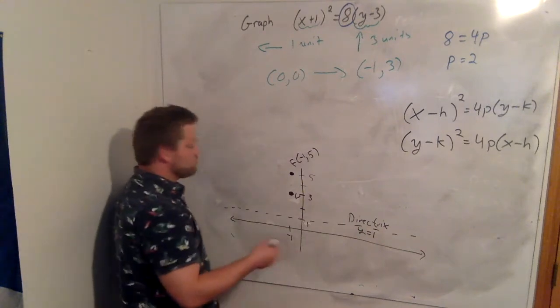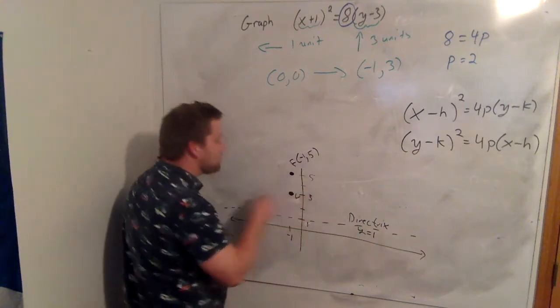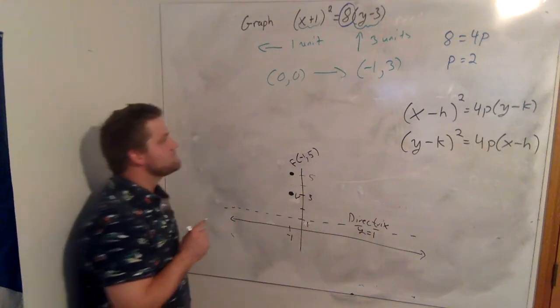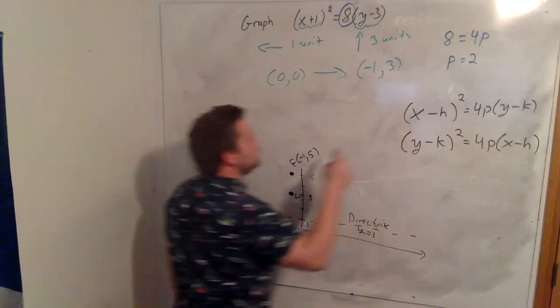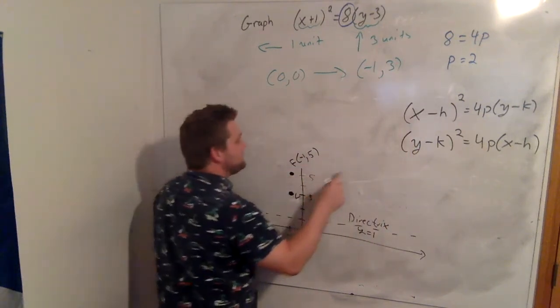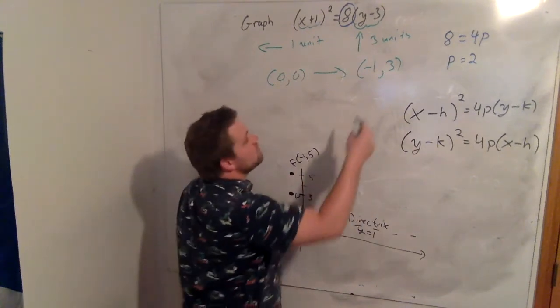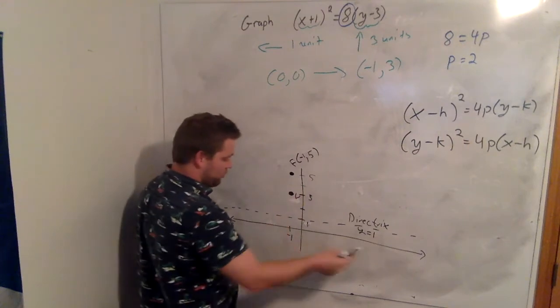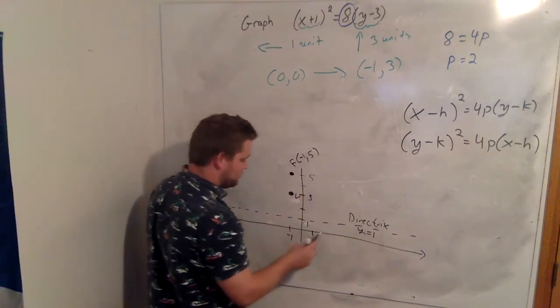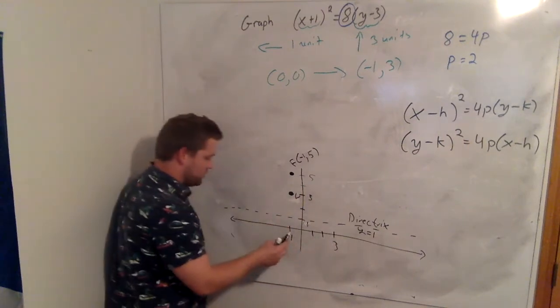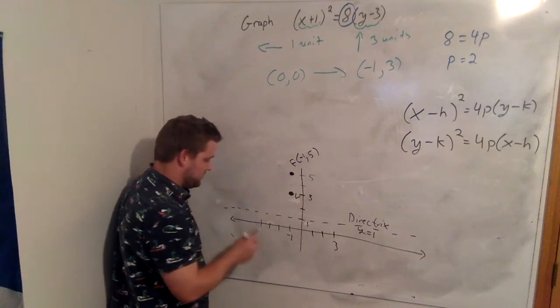Now let's mark the endpoints of our focal diameter. P is 2, so I want to go 2p to the right of the focus and 2p to the left of the focus. 2p will be 4, so we need to go 4 units to the right: 1, 2, 3, 4. And 4 units to the left: 2, 3, 4.